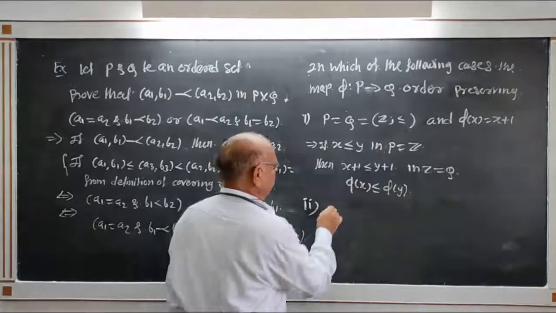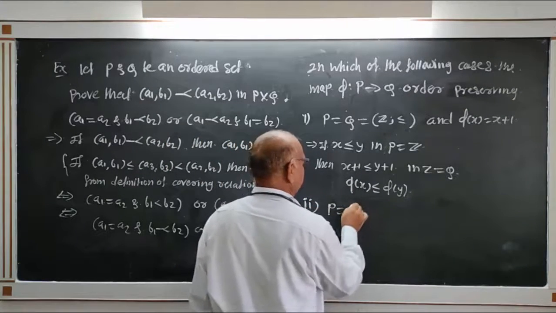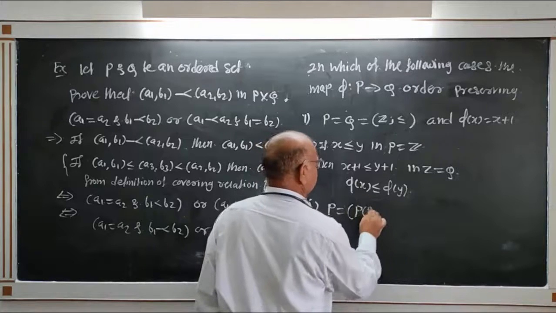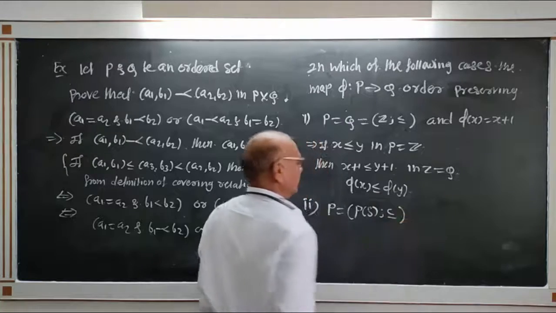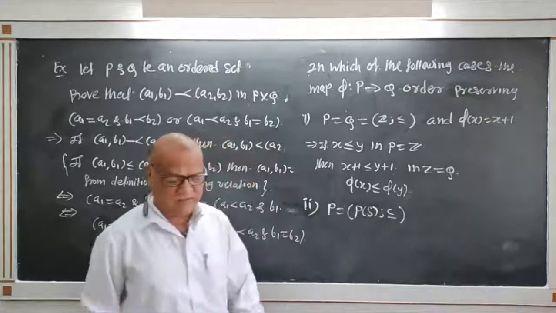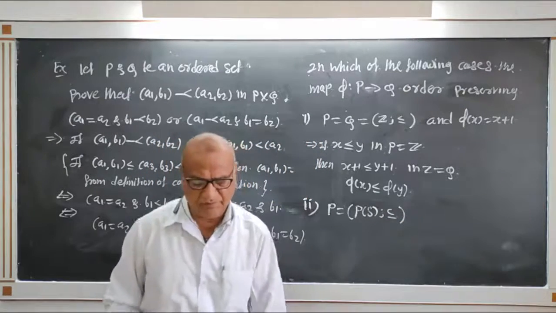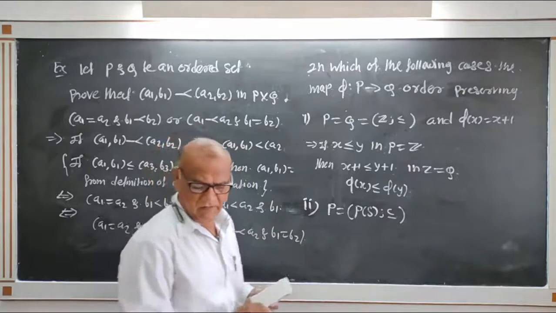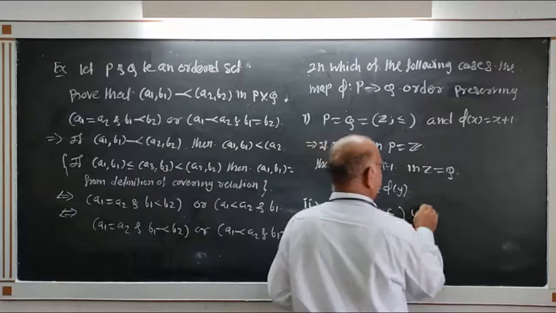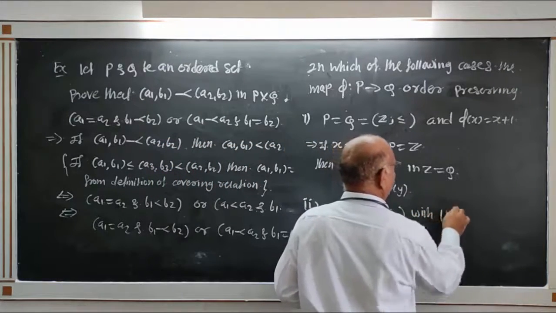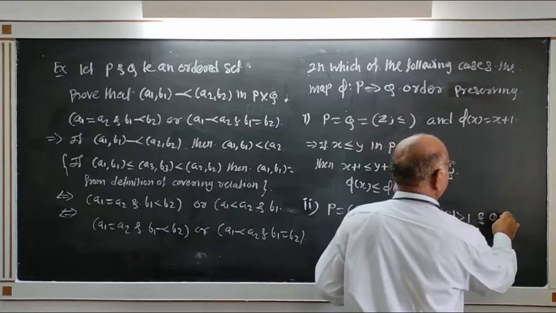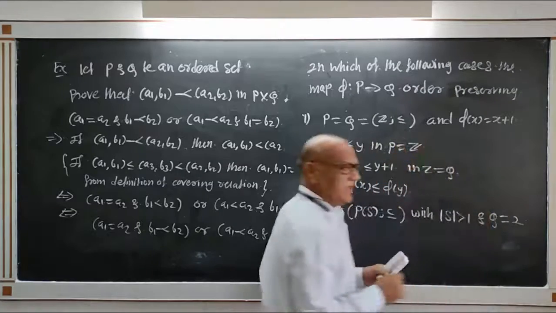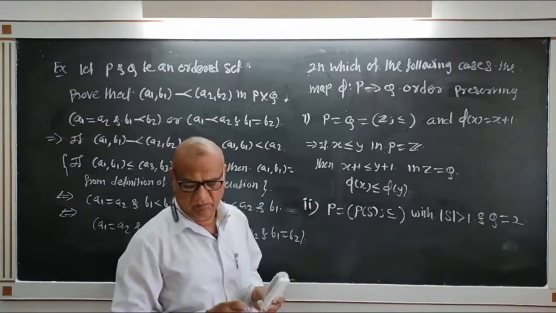Second example: P is equal to the power set of S, where the relation is inclusion, subset, with mod S greater than 1, and Q is equal to 2, a chain of 2 elements.